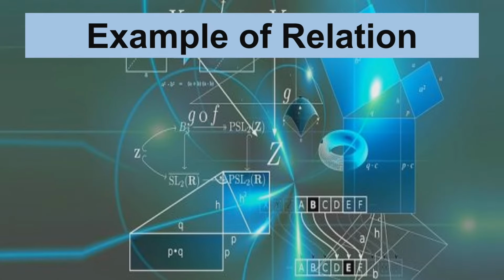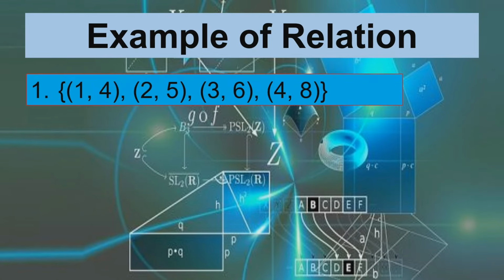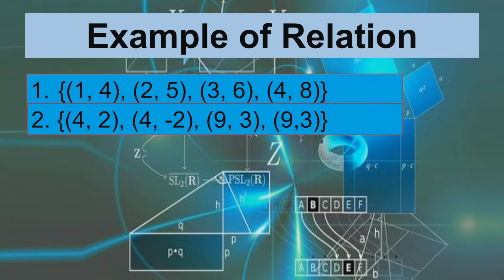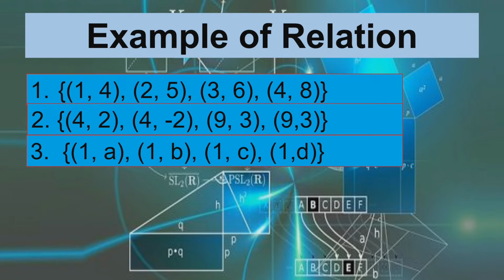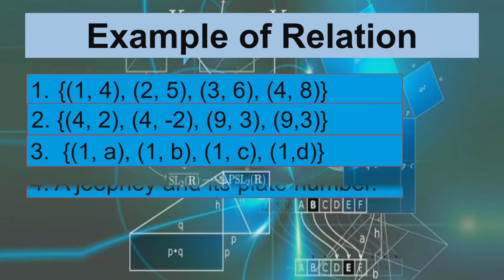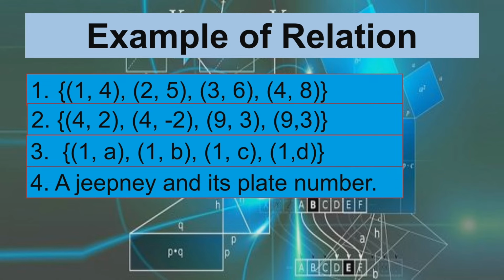Okay, let's have an example of a relation. (1, 4), (2, 5), (3, 6), and (4, 8). Another, (4, 2), (4, -2), (9, 3), and (9, 3). Next, 1A, 1B, 1C, and 1D. Number 4, a jeepney and its plate number.